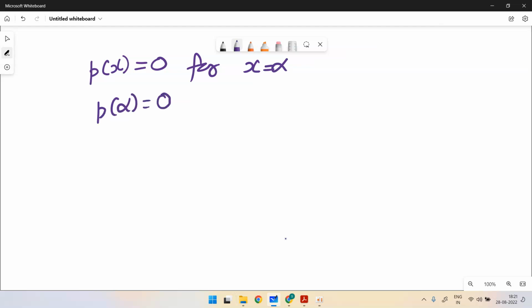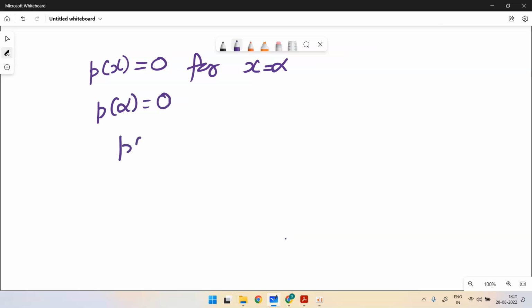If for a polynomial p of x, x equal to alpha is a zero, then p of alpha is 0.